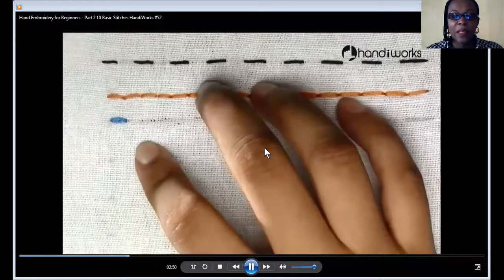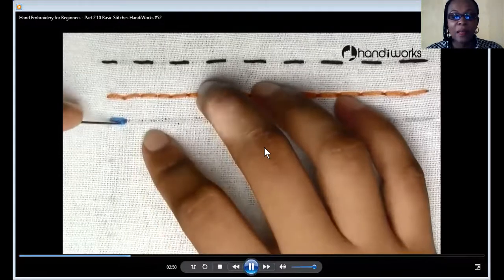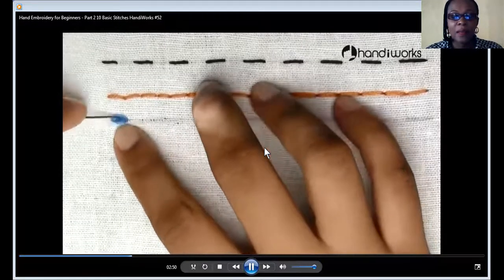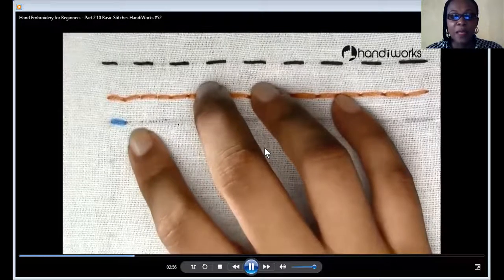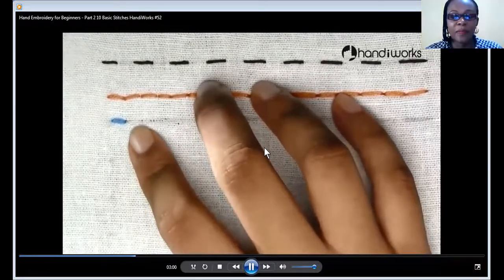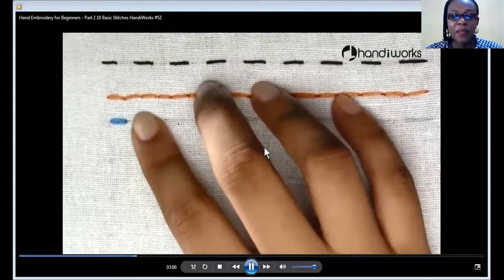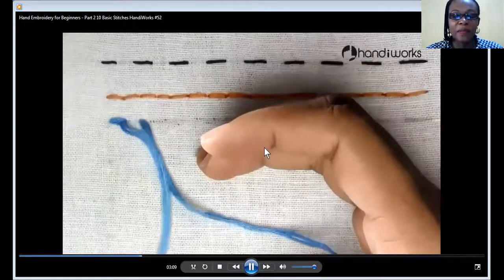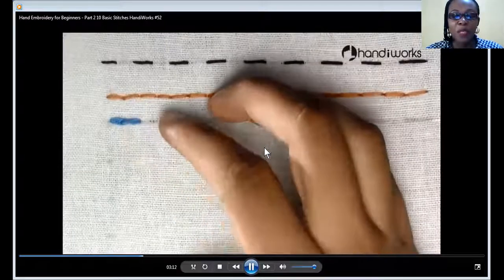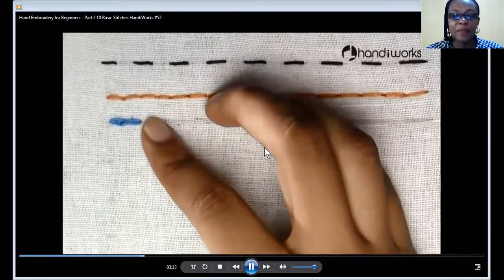It's still working on it. You can see, trying to put the needle in between the thread.